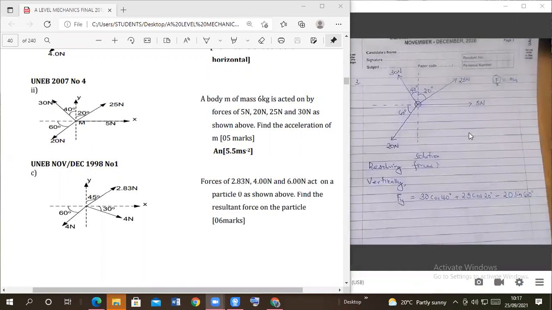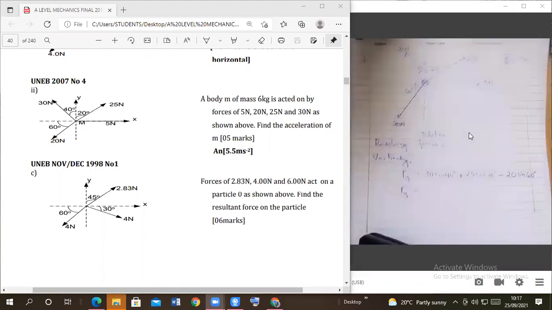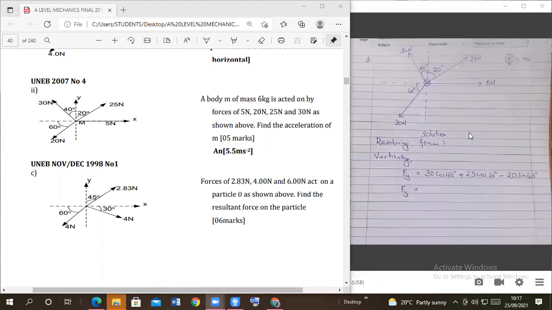So Fy is going to be equal to, let's feed it in our calculator. We have 30 cos 40 plus 25 cos of 20 minus 20 sine of 60.